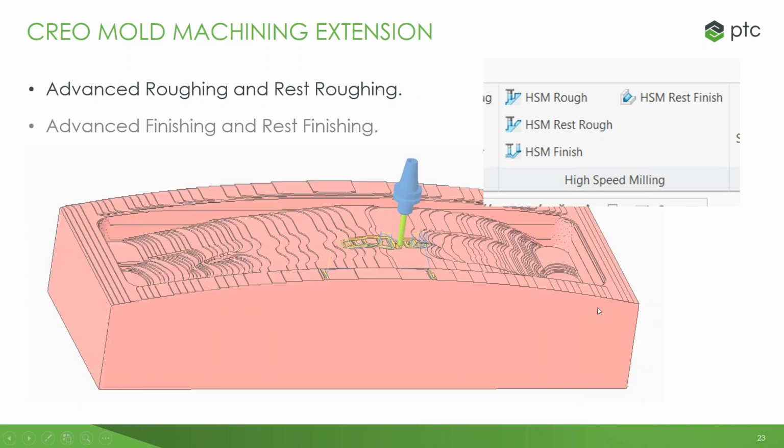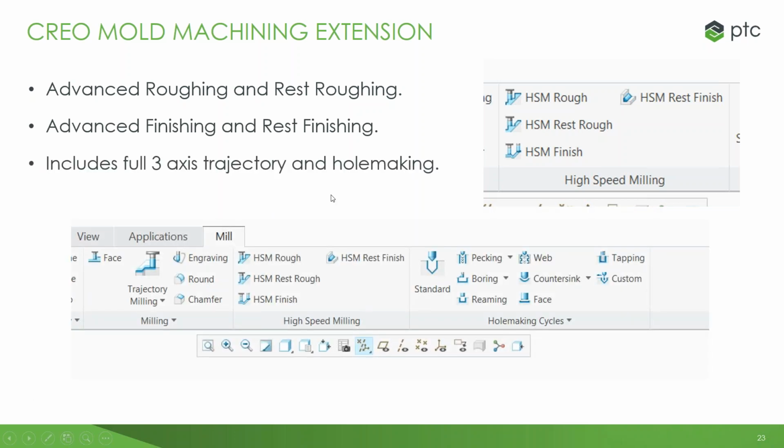And like I mentioned before, with advanced finishing and rest finishing, you're going to be able to start off with a large drill bit and end with a small drill bit to improve your product's precision and also make that machine go by much faster. So this includes the full 3-axis trajectory and hole making as well. This can be a standalone extension by itself or paired with the original Creo machining package as well.